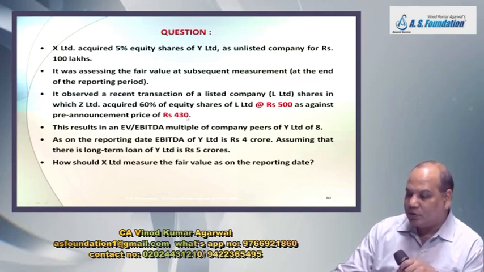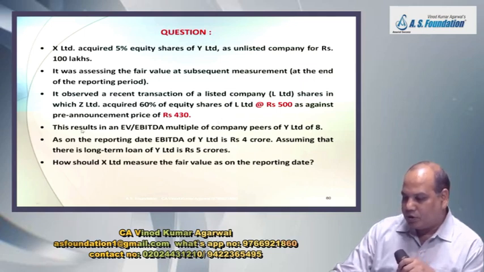So in this example, what is the control premium on 500 rupees? If I take 500 rupees as a base, how much is the control premium you are paying? 14%. This results in an EV EBITDA multiple of the company peers of Y Limited of 8.